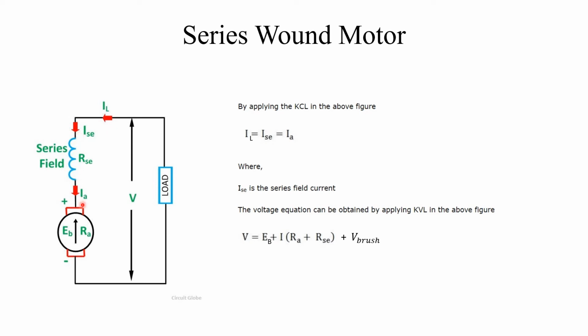In a series circuit, the current is always the same. Applying KVL to this loop to find the voltage-current relationship, V equals EB plus IA RA plus ISC RSC plus V brush. Here ISC and IA are equal, so taking I as common, V equals EB plus I into (RA plus RSC).